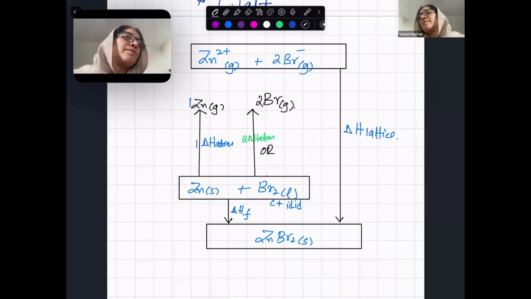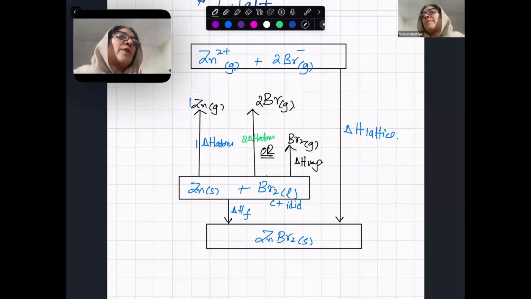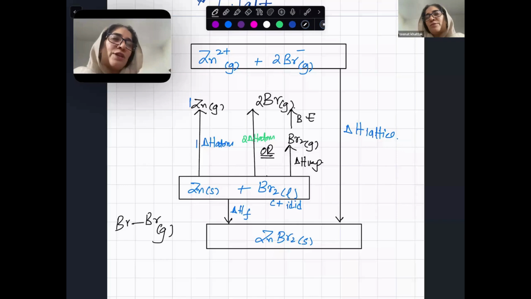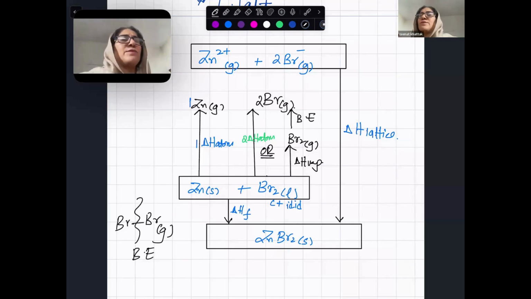Or first vaporize bromine, liquid into gas, enthalpy change of vaporization. And now you break the covalent bond, the bond energy, in the gaseous bromine, 1 bond energy making 2 bromine atoms.